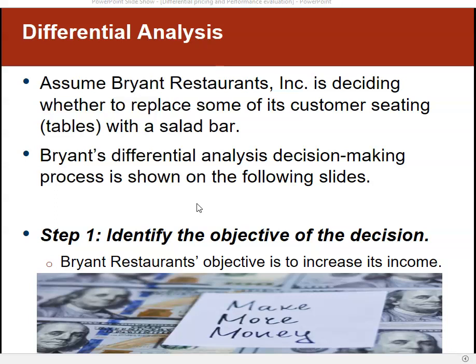They're not conducting this analysis just to do so. They want to know, is adding a salad bar going to produce ultimately higher profits than keeping with the status quo? It says here under step one, their objective is to increase its income, their net income, to make more money.